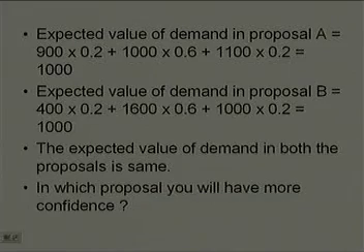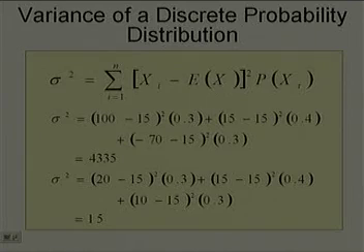And that is calculated by, I will give you the expression for that. Variance is calculated by summation i equal to 1 to n, xi minus expected value of x whole square, multiplied by probability of xi.